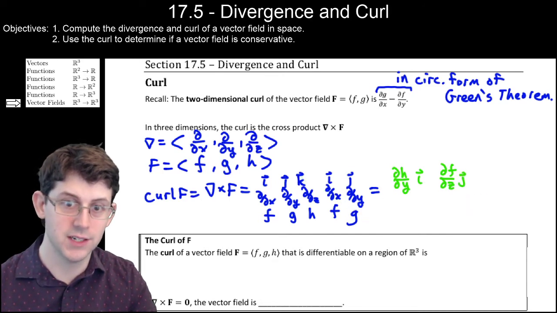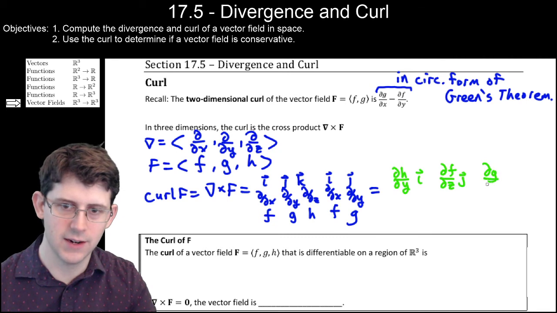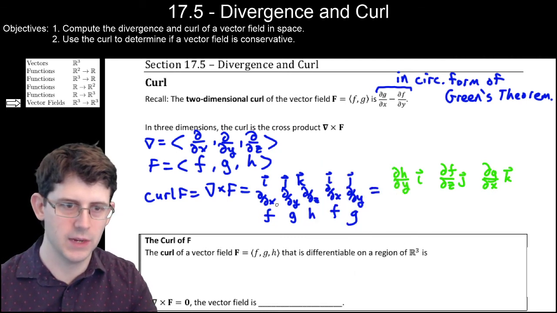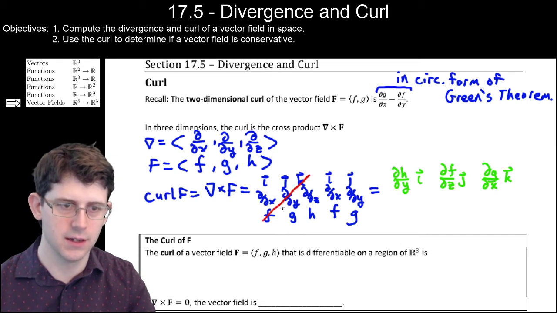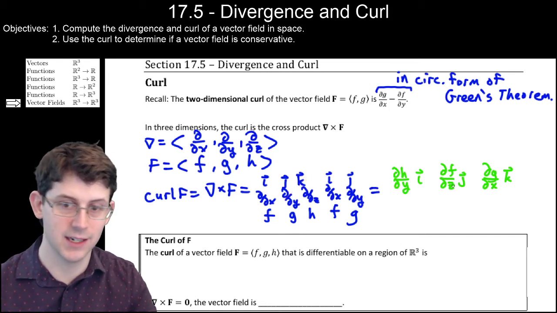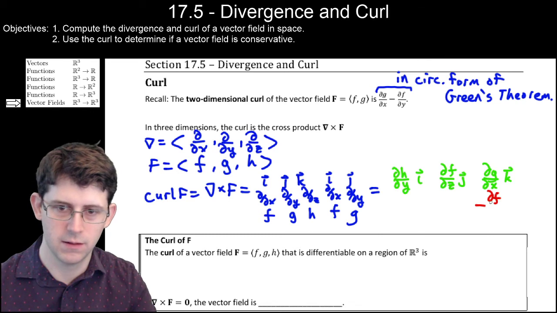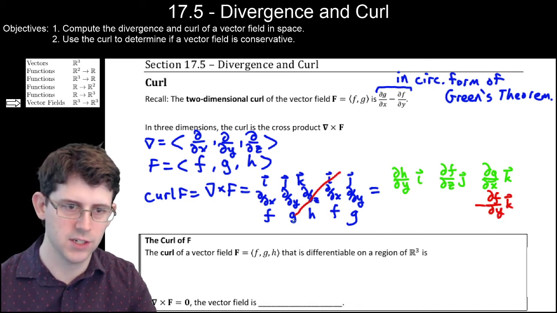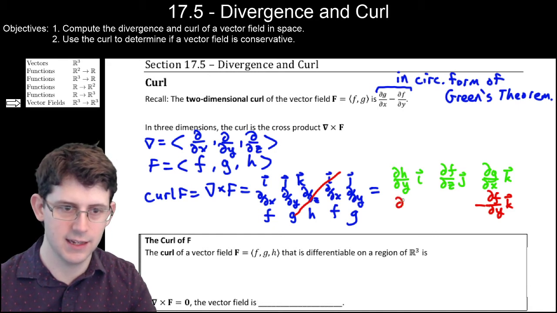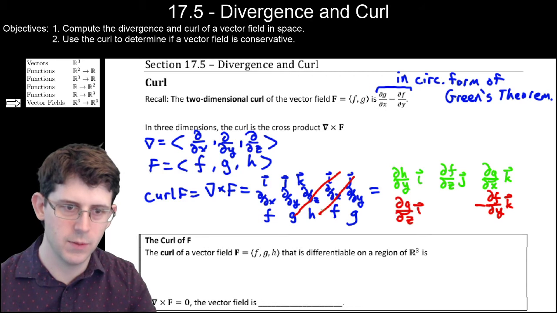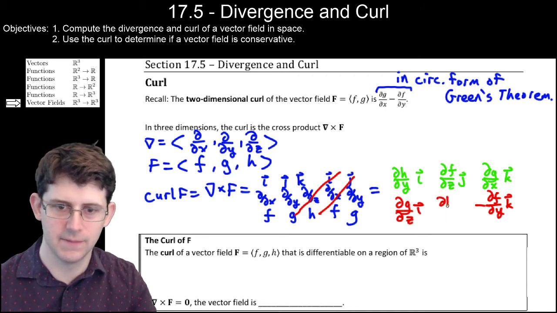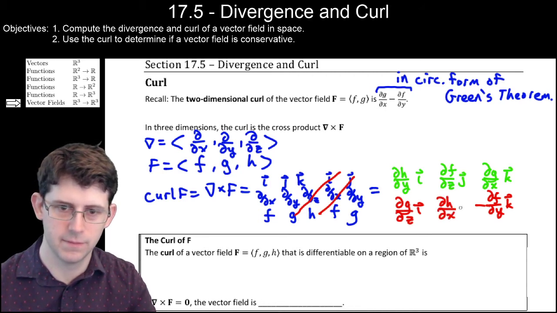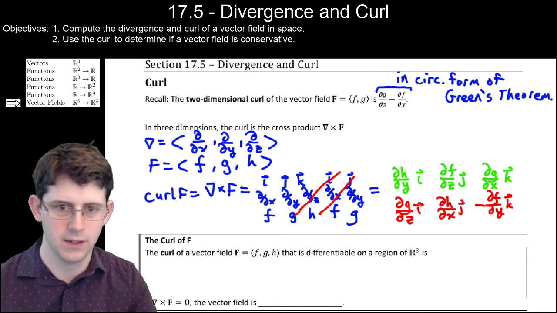And partial g, partial x in the k direction. And then when we go backwards, we'll get partial f, partial y in the k direction. Partial g, partial z in the i slot. And partial h, partial x in the j slot. And these are all minus.